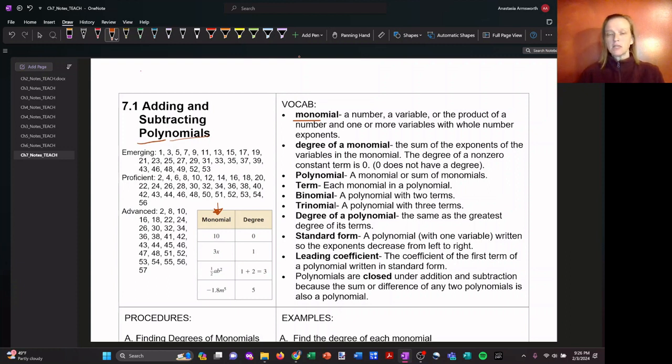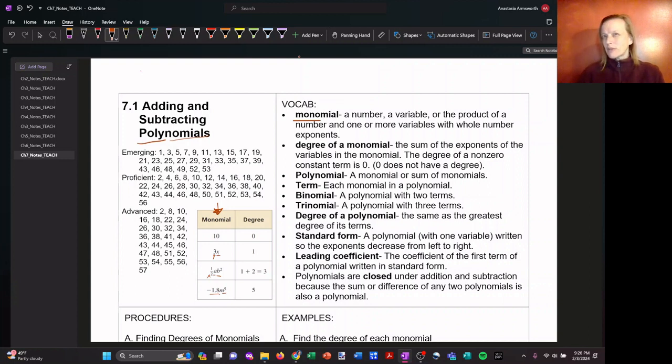It's just a constant. There's no variable there, but it is a monomial. We have 3x. There is a variable there being multiplied by a constant. Here we have a couple different variables multiplied by a constant, and here we have a negative constant multiplying our variable. And the variables can have different degrees.